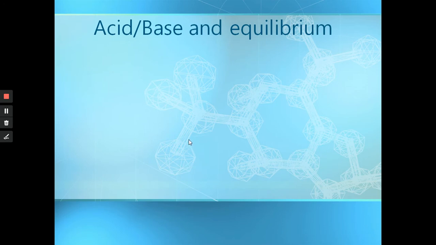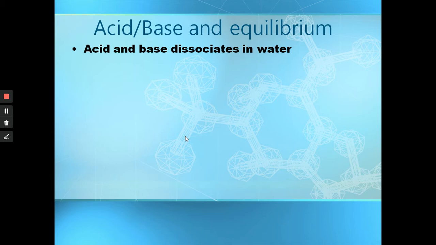Okay, acid, base, and equilibrium. Acid and base dissociate in water. So here's an example of a general expression for the acid dissociation. HA is basically the acid. It could be anything: hydrochloric acid, hydrobromic acid, sulfuric acid, whatever.